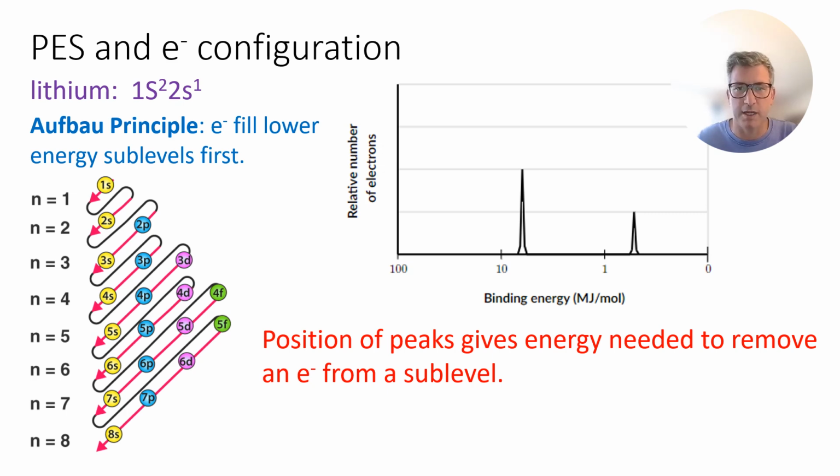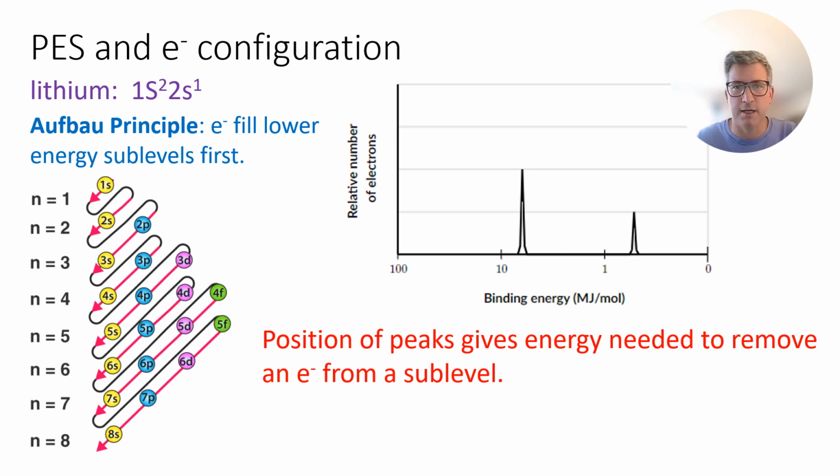So if we look at the x-axis here, we have, first of all, the numbers running kind of in reverse of what we're used to. The 0 is over here on the right, and we have a much larger number, in this case 100, over here on the left. Just think of the nucleus as being over here on the far left. The closer you are to the nucleus, the harder it is to remove an electron. So these 1s2 electrons are going to take a lot more energy to remove.